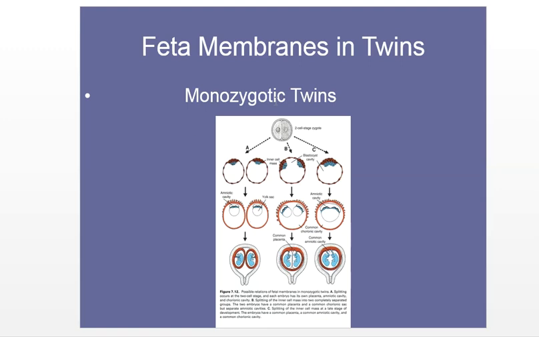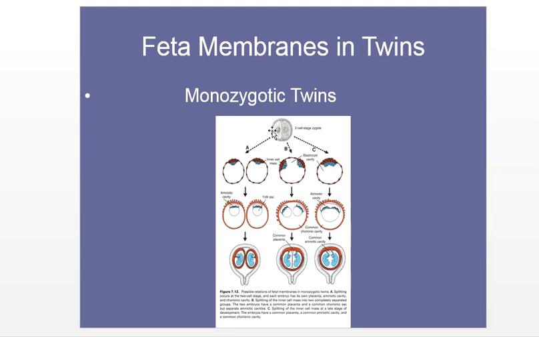Another one is monozygotic twins. The second type of twins, which develop from a single fertilized ovum, is monozygotic or identical twins. The rate for monozygotic twins is 3 to 4 per 1,000, and they result from the splitting of the zygote at various stages of development.